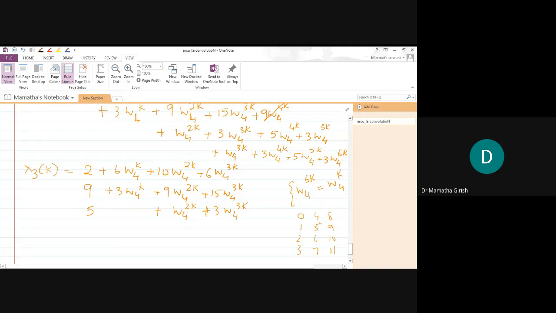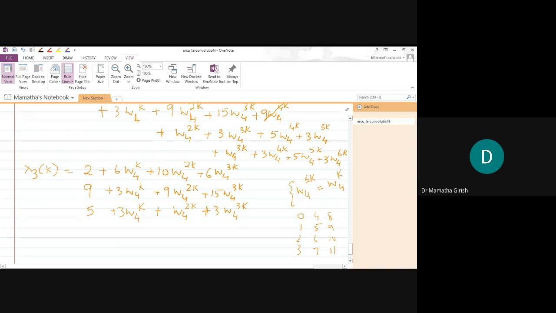Please note that W4 to the power of 5k is equal to W4 to the power of 1k, W4 to the power of 6k is equal to W4 to the power of 2k, and so on. So this term is W4 to the power of k, and I'll write 3 times W4 to the power of k over here.